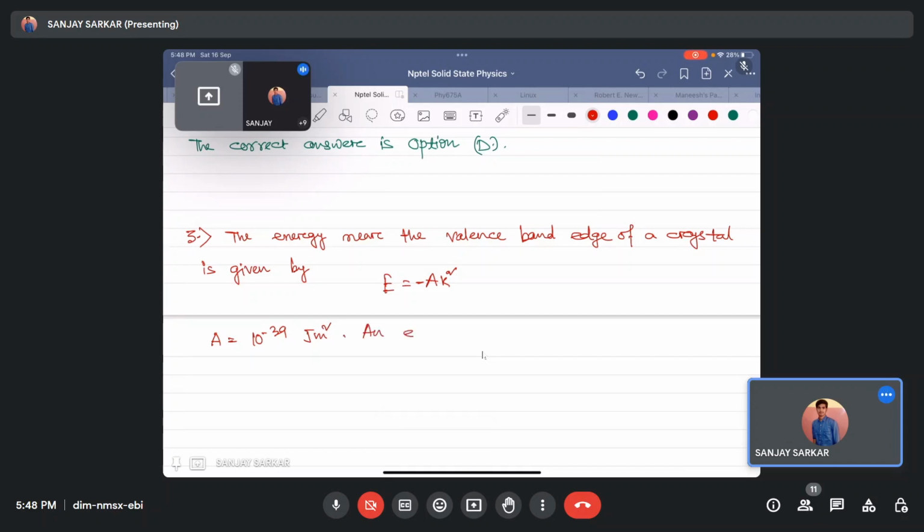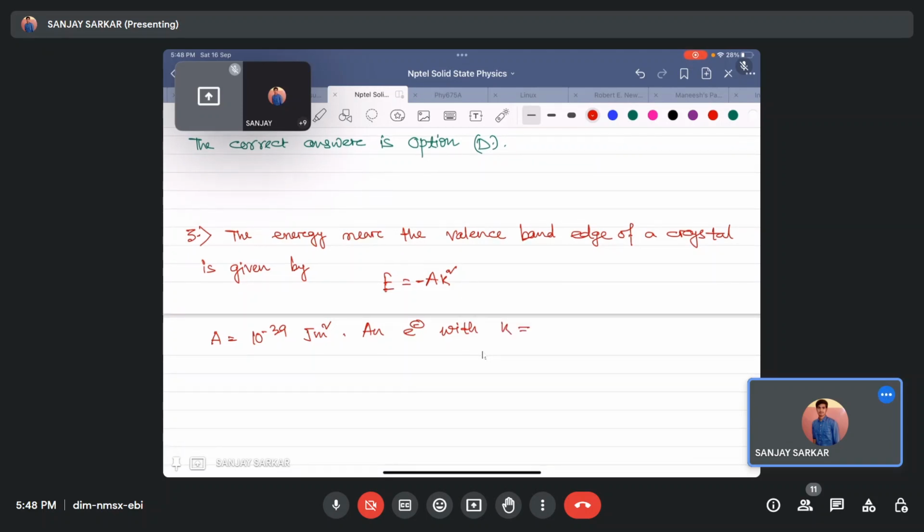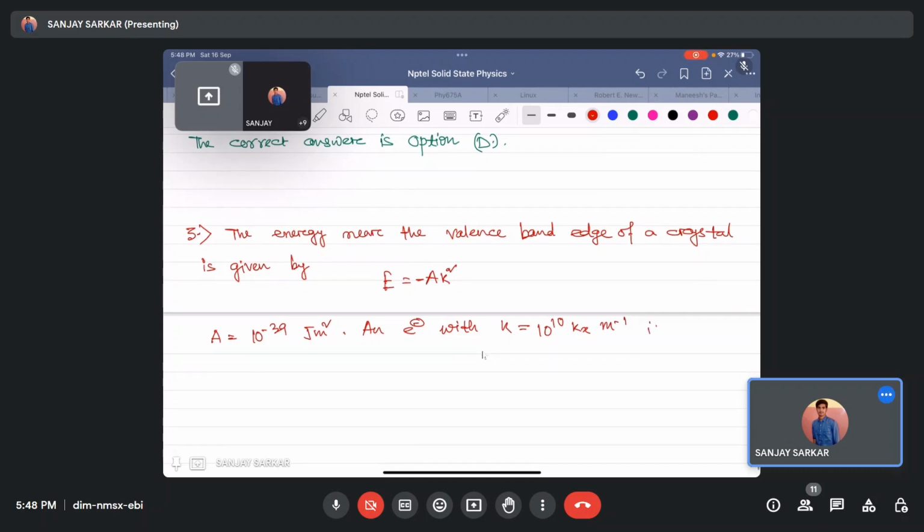So an electron with wave vector k equal to 10 to the power 10 kx meter inverse is removed from an orbital in the completely filled valence band. Determine the effective mass.